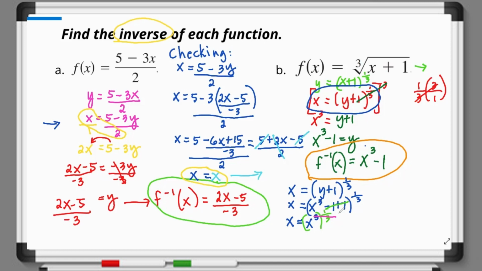Cancel. So, meaning, what is left? X equals x. This means that we have ended up with the correct answer. Our inverse function is correct. Just like in the first function, it is also correct.